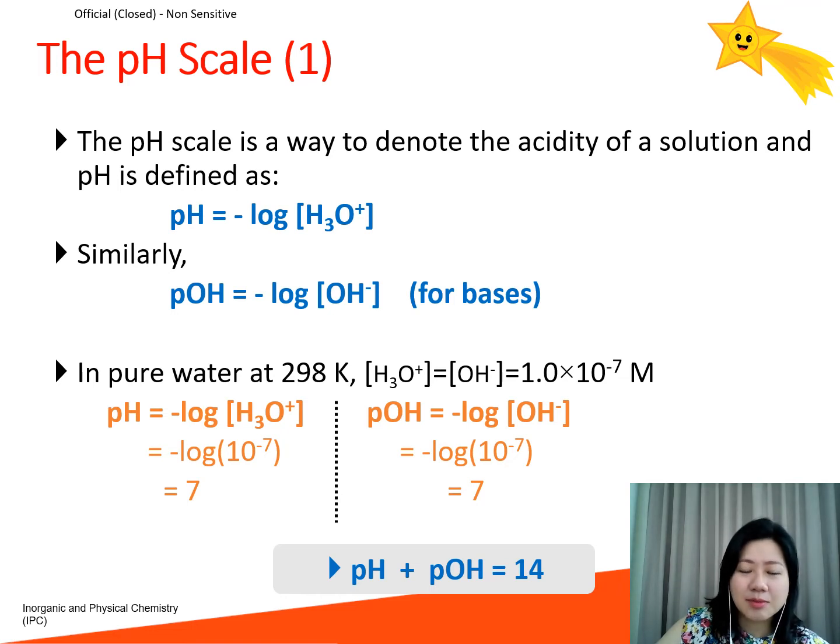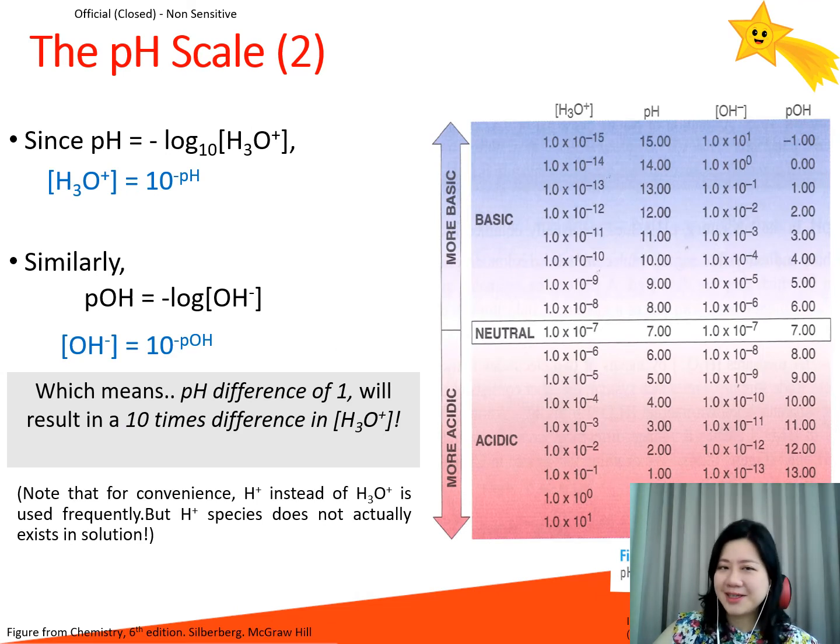This equation, pH plus pOH equals 14, is valid not just for pure water but for any aqueous solution at 298 Kelvin. So for basic solutions, you can first calculate the pOH and then convert that to pH by taking 14 minus pOH. Earlier, we saw that if you are given H3O+ concentration and need to calculate pH, you can use the equation pH equals negative log H3O+ concentration.